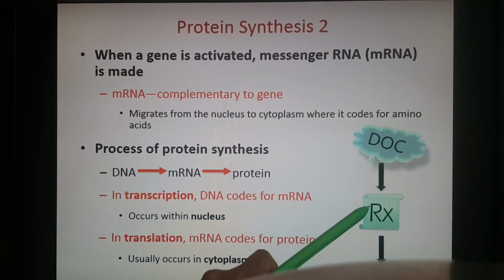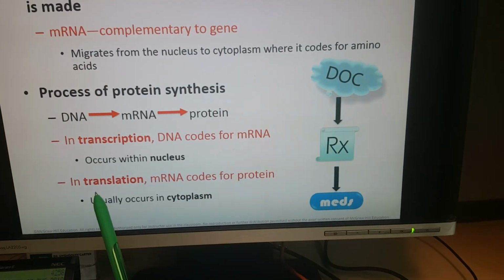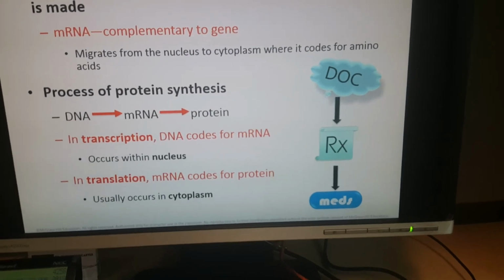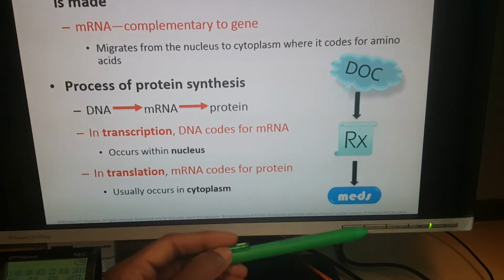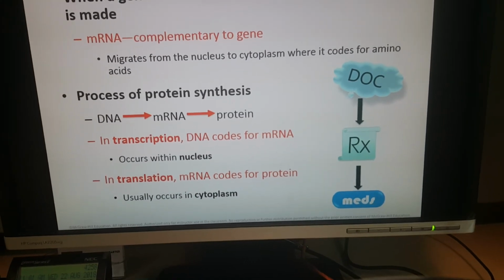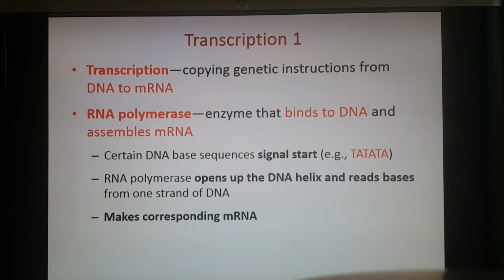Then you take that prescription to your pharmacist, and your pharmacist is going to translate whatever your doctor put on that paper into whatever medicine you're going to take for your condition. So now we're going to go through the steps of transcription as well as translation.